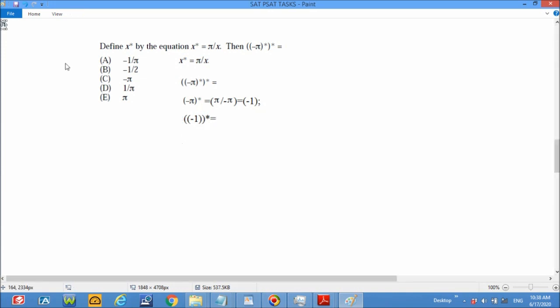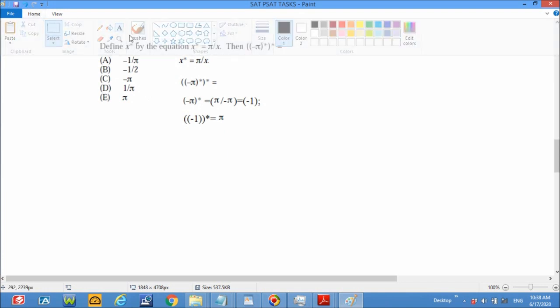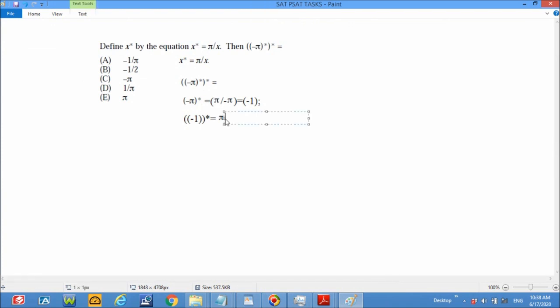So you put here P and you should divide it on minus 1. What do we have? We have minus P, and that is the answer.